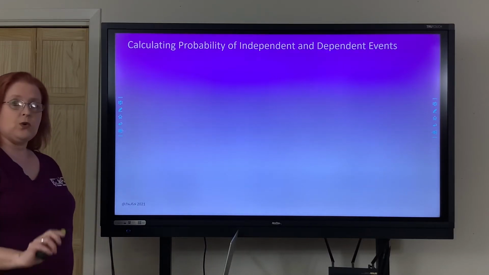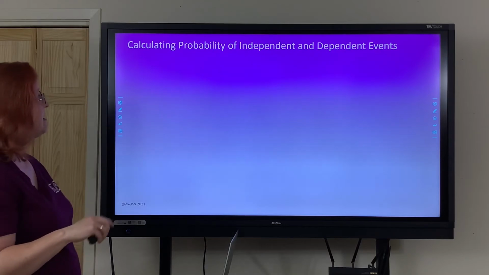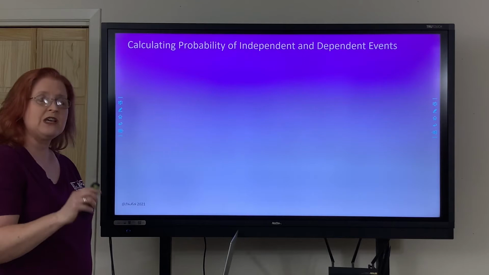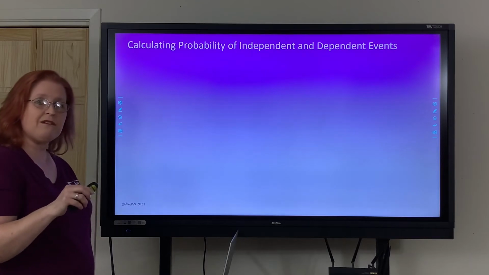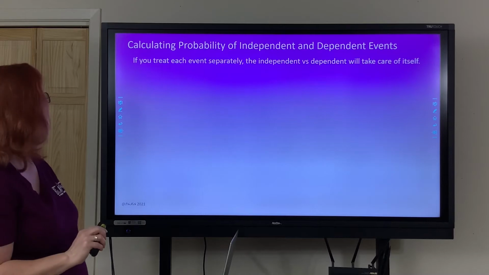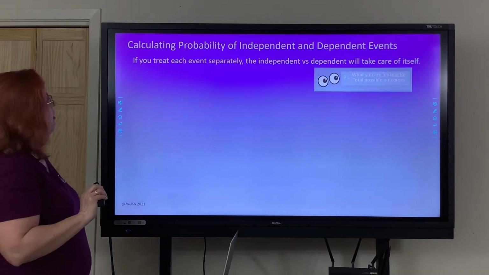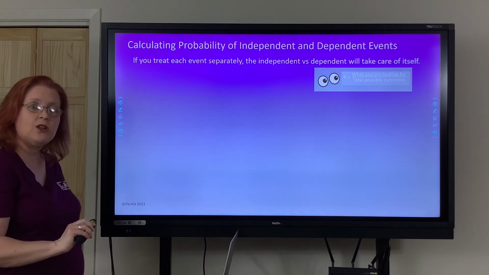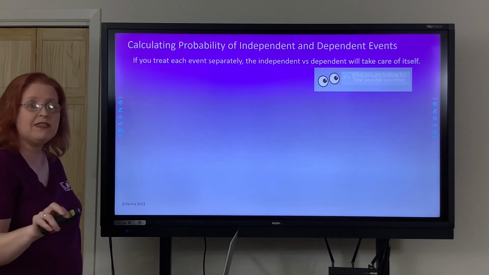All right, so calculating the probability of independent and dependent events is the same process. Your probabilities may be different for dependent events, but the steps are the same. So you treat each event individually. Look at it as if it's the only thing happening.